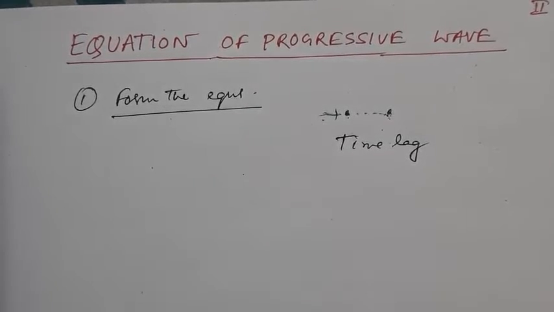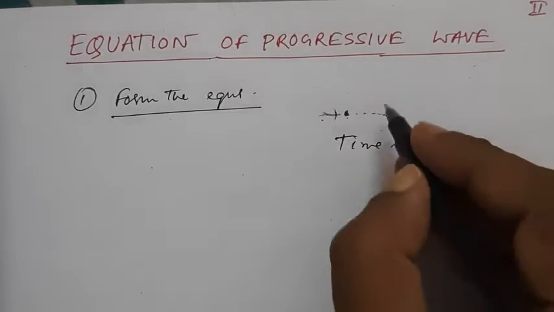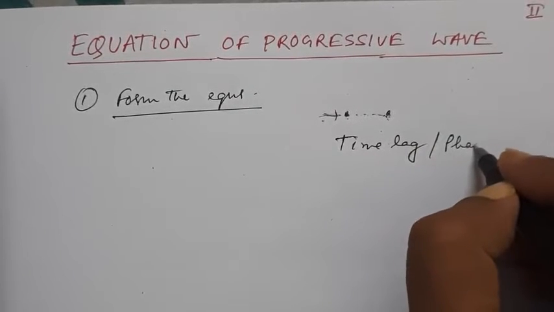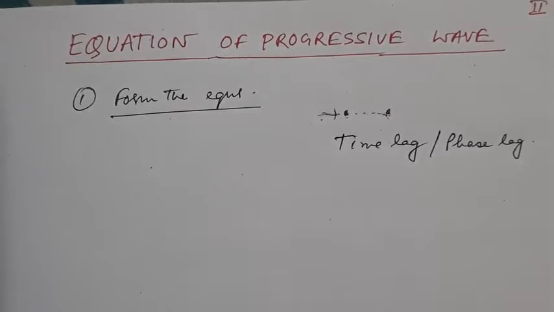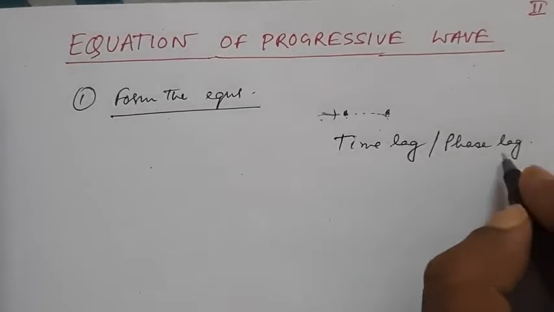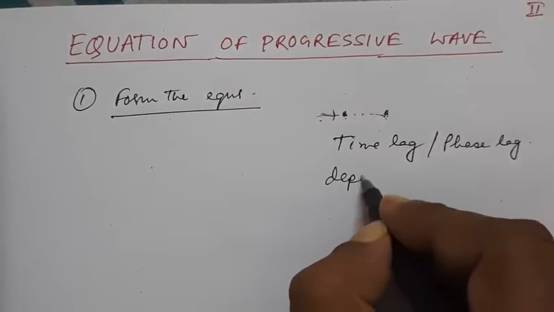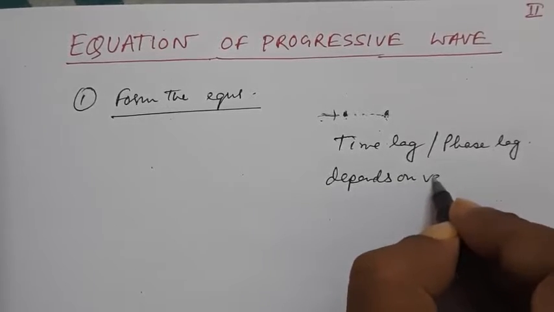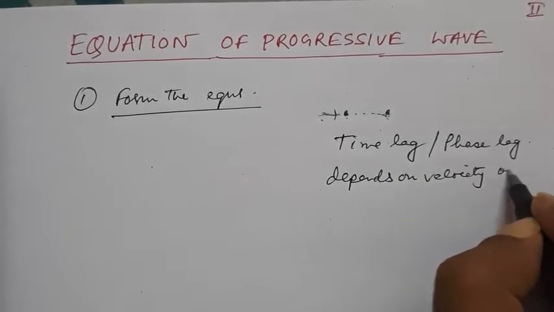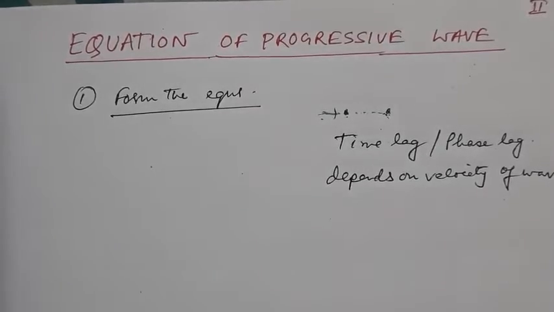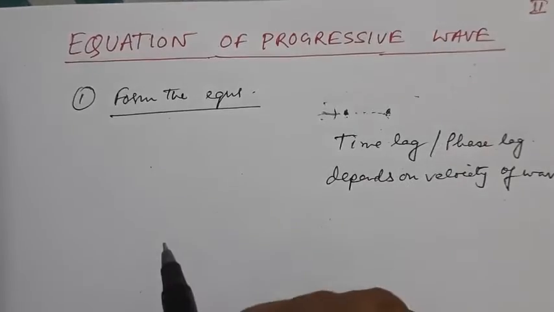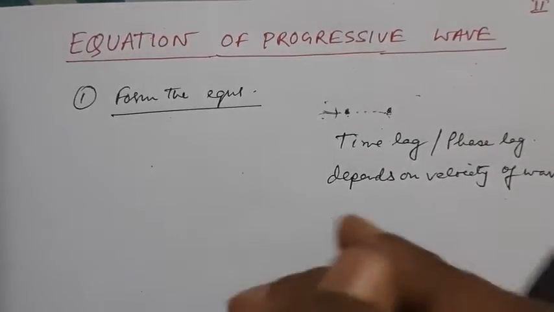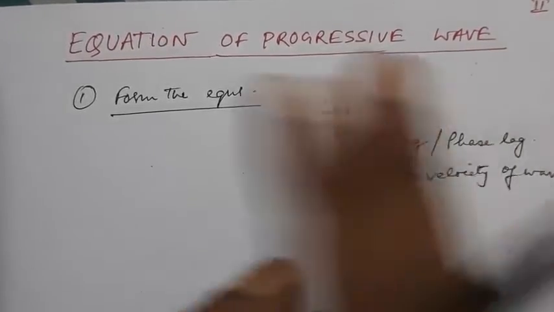This time lag, or in other words phase lag, depends on the velocity of the wave, which travels from left to right, suppose, from this direction to this direction. Each particle starts vibrating later than its predecessor on the left.